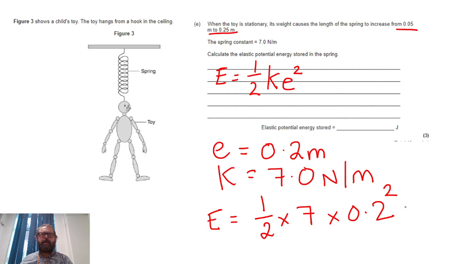Remember, you always need your calculator in your physics and chemistry and biology exams, and if we do all that, we'll get an answer of 0.14. I'm calculating energy. Any type of energy is going to be measured in joules.